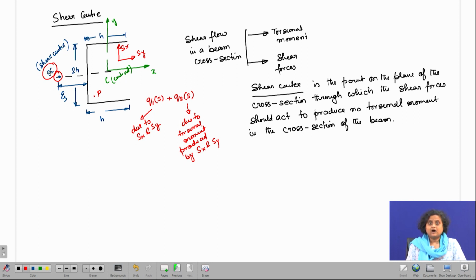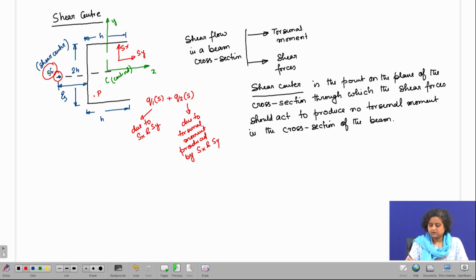So, how is that possible? Because our intuition says that if Sx and Sy pass through the shear center, it will produce some torsional moment, but this torsional moment will be balanced out by the shear flow distribution in the cross section of the beam, and thereby the net resultant torsional moment in the cross section is going to be 0.